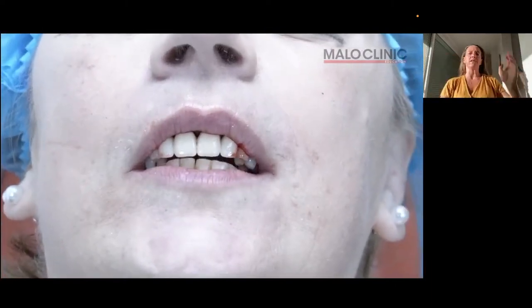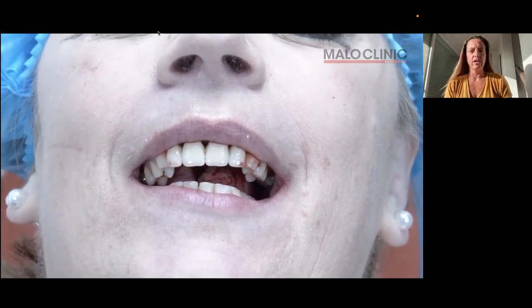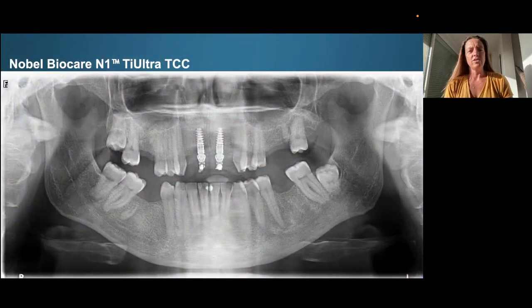Okay, so again, when we have the missing of our anterior 4 incisors, as you can see here, we choose where we have the best bone available to accommodate the 2 implants.